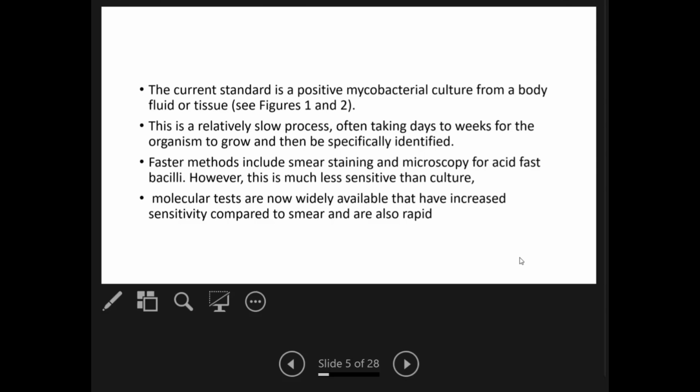That's why the molecular test has a role in diagnosing tuberculosis, which I will describe in my next slides. The molecular testing, the PCR testing or other molecular testing, is in between culture and staining.